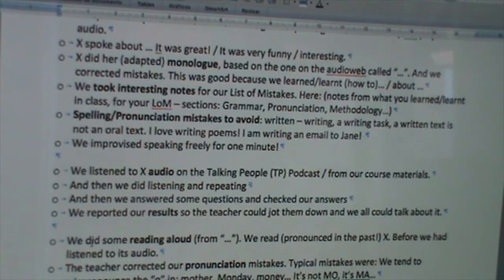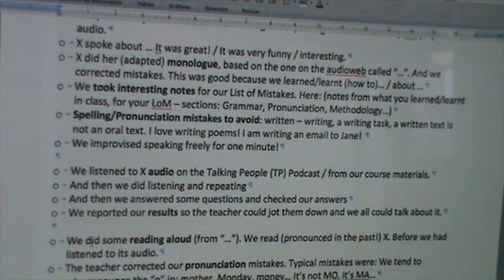For example, a writing task or a writing assignment, right? A writing task. It's pronounced and spelled in this way. Or a written text, as opposed to oral text, right? So a written text.